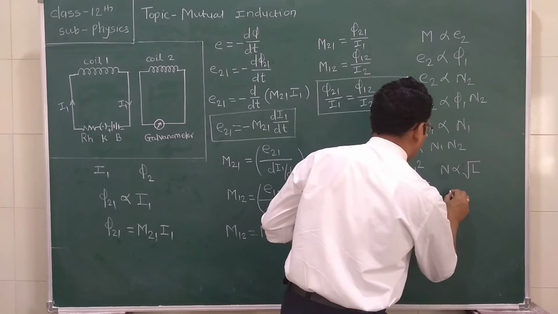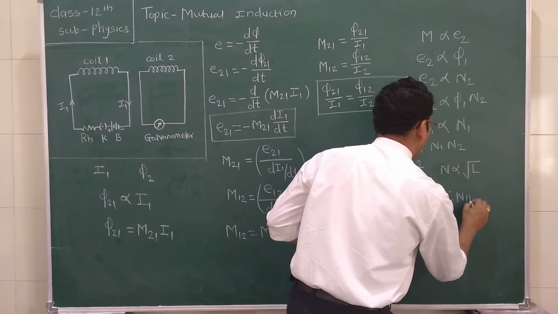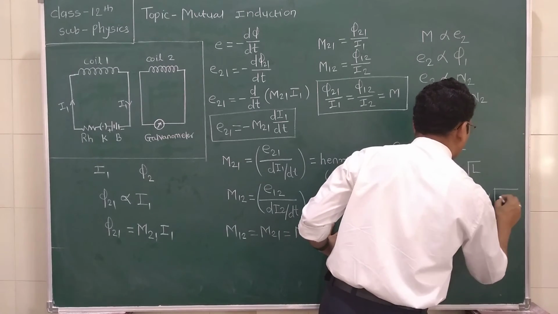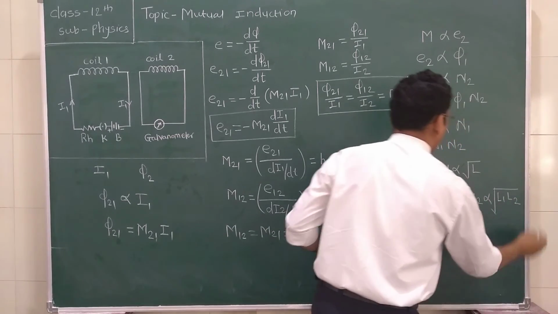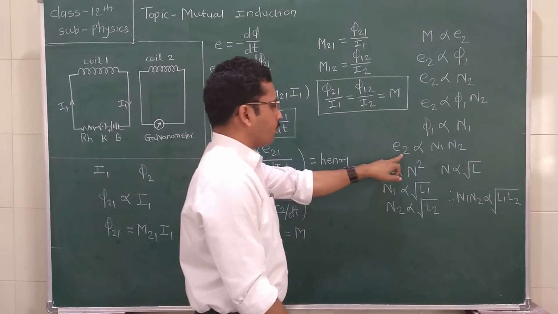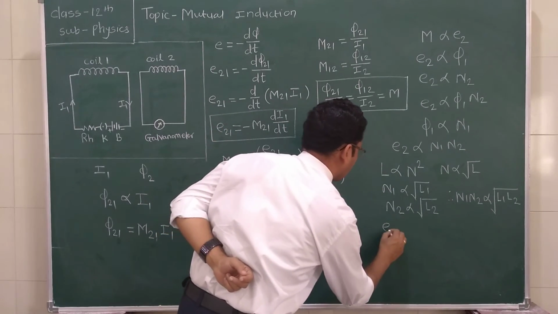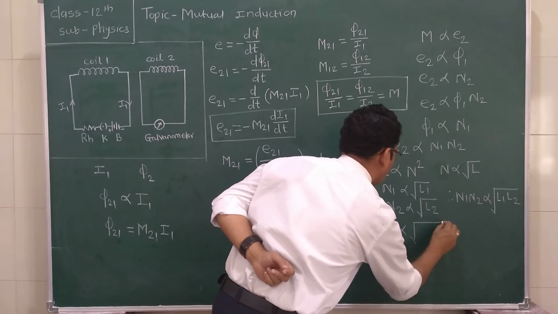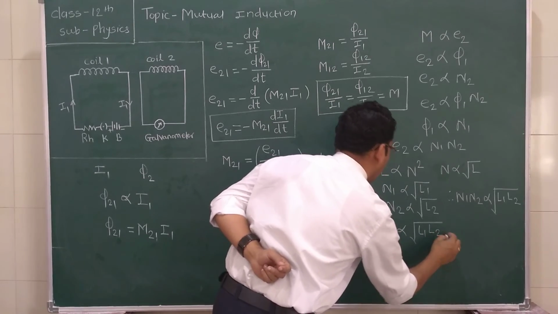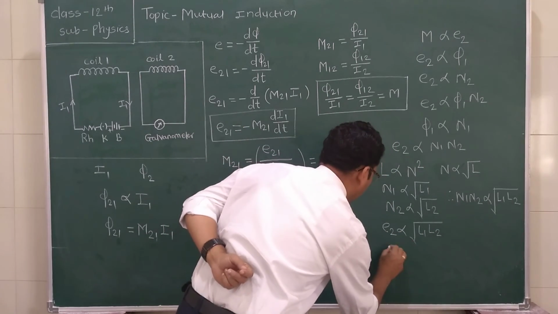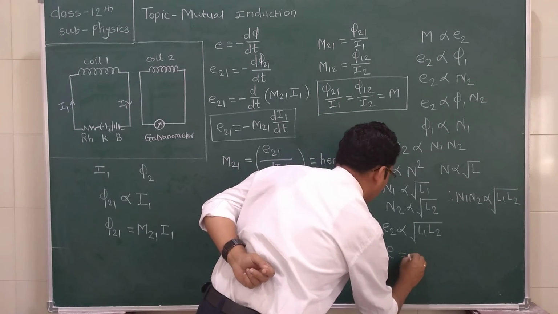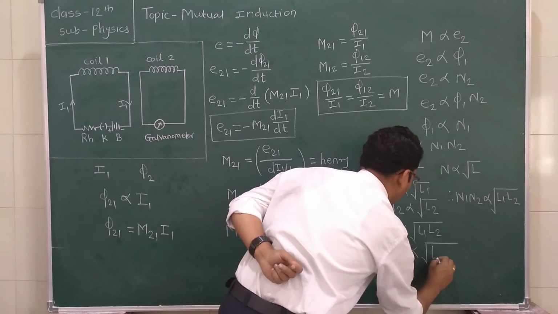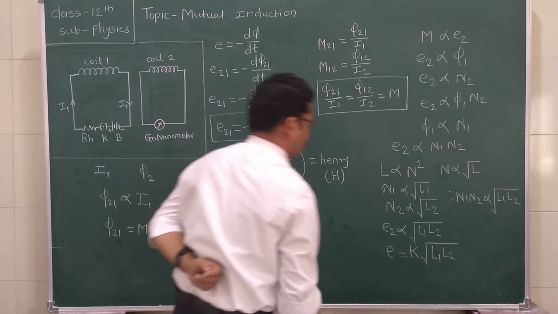So we can write that N1 into N2 is proportional to under root L1 multiplied by L2. Therefore the EMF E2 is proportional to under root L1 multiplied by L2. If we drop the proportionality sign, then we write a constant k, so E2 is k into under root L1 multiplied by L2.